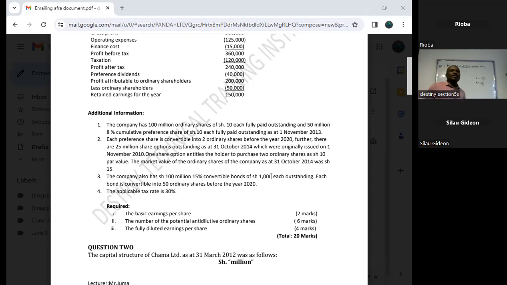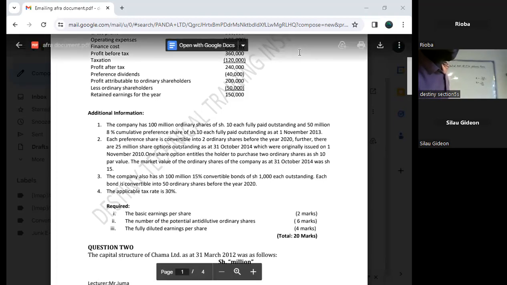Which one dilutes earnings per share? Which one is dilutive? A or B? Brian says B is dilutive. Yes, everyone says B, correct.